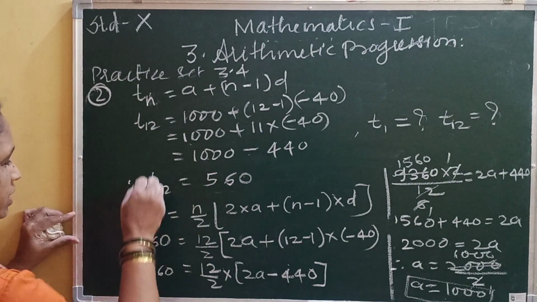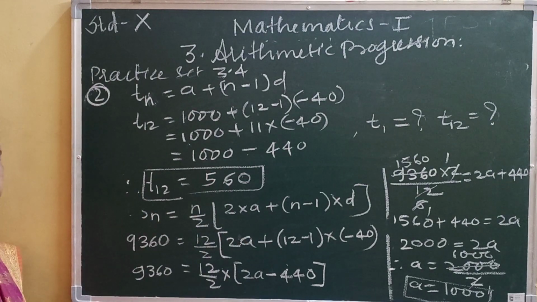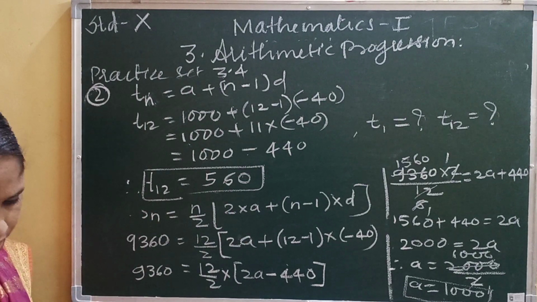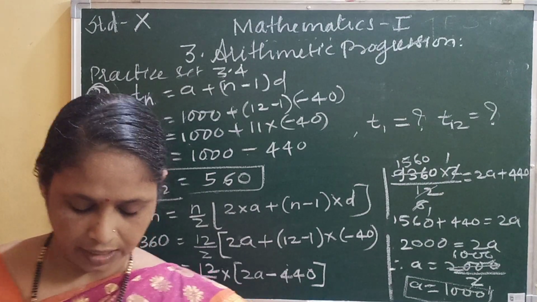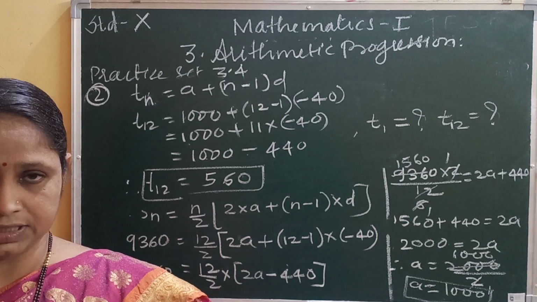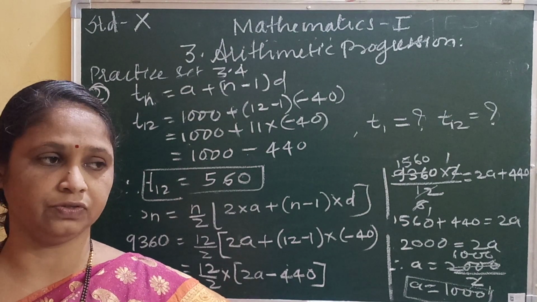So T12, the 12th installment, will be 560 rupees. Okay, so we have got the first installment and the last installment from this. Now we will see the third example.